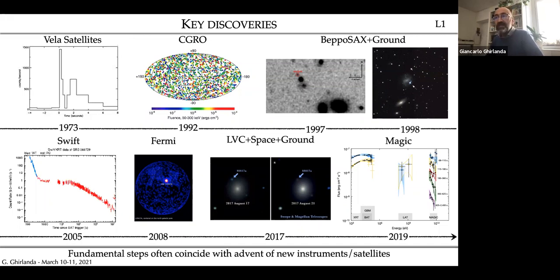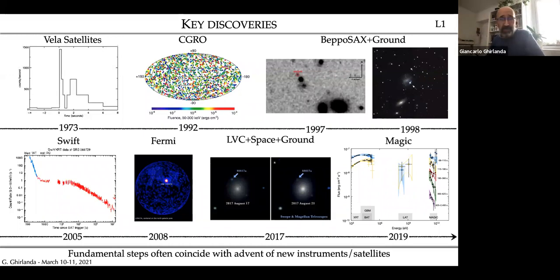The confirmation came in 1997 with the discovery of the first afterglows, which allowed us to pinpoint the location of the source, get a redshift from the ground, and demonstrate that these are at cosmological distances. In 1998, soon after, there was the first detection of a somewhat particular supernova-like event associated with the first gamma ray burst, and then others came. This was a demonstration that long gamma ray bursts are associated with hypernova events.